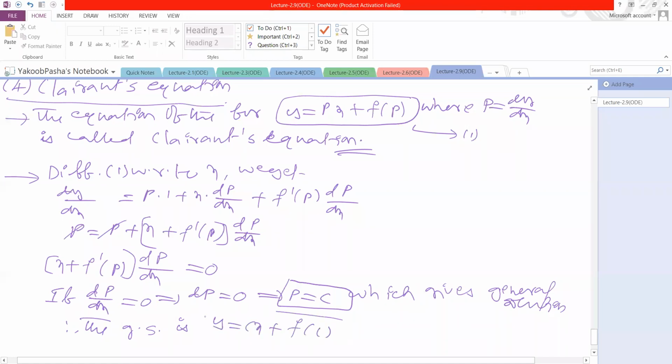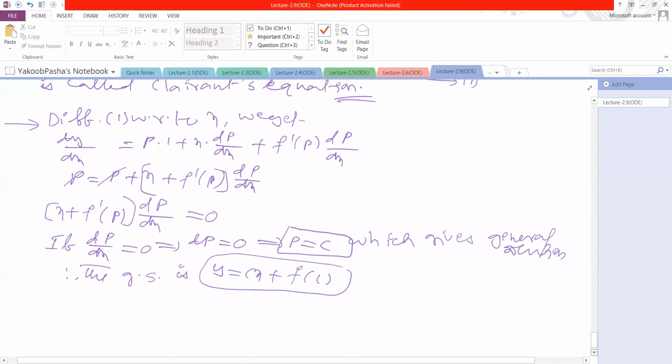Okay, if the equation is directly y equal to px plus f of p, you can write the solution directly. Sometimes we need to convert the given equation into Clairaut's equation. After writing the Clairaut's equation, replacing p by c gives the general solution.